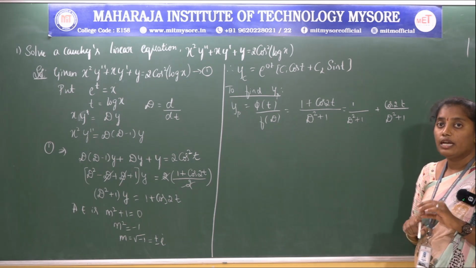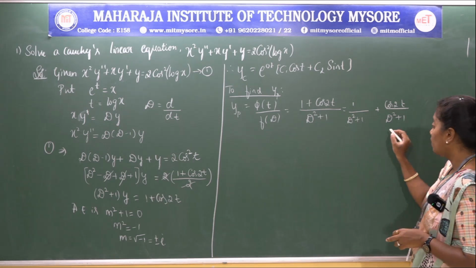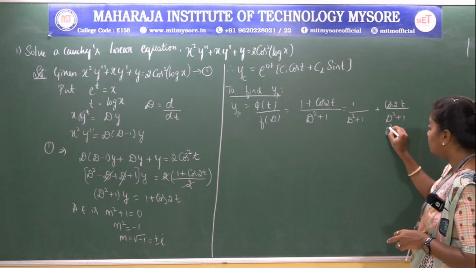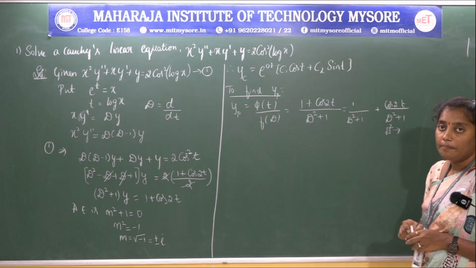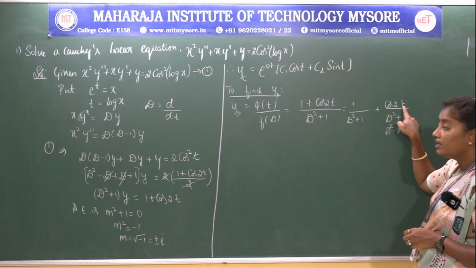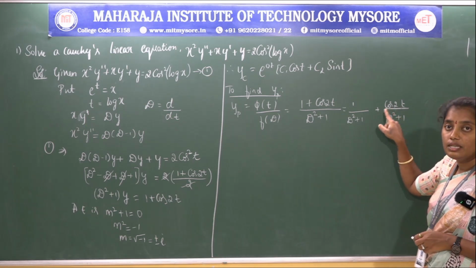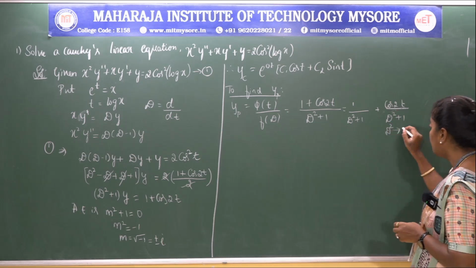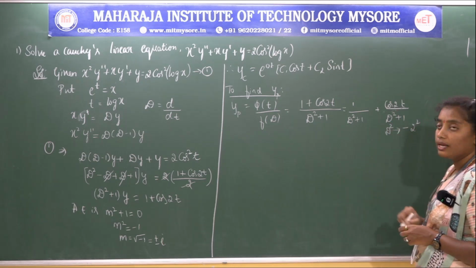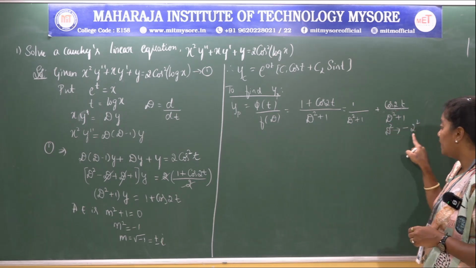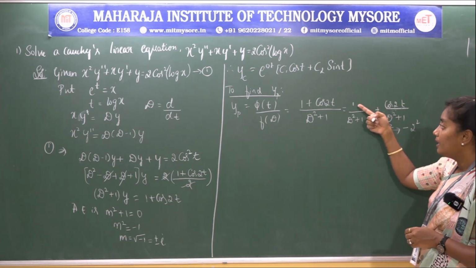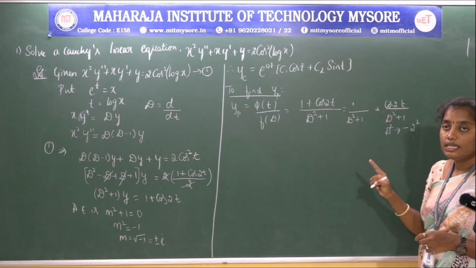As the procedure for type 2 function, that is for a trigonometric function, we have to replace D square by minus the square of the coefficient of the angle of the trigonometric function. Here we have 2, that is minus 2 square. We have to replace D square by minus 2 square. Here we have a constant term in the first element.